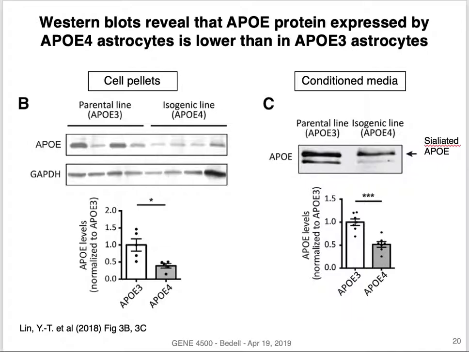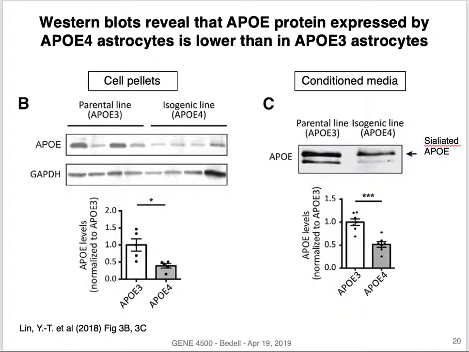And that's what conditioned media is. This wouldn't be media right after they've added fresh media to feed the cells. This is media, I don't think they said, but 48 hours or some time period after they've added fresh media to the cells. Any protein that would have been secreted outside of the cells would be present in the media.